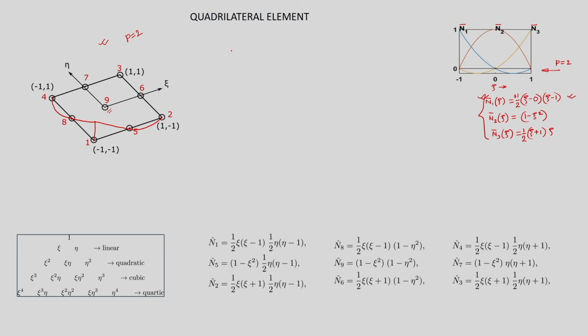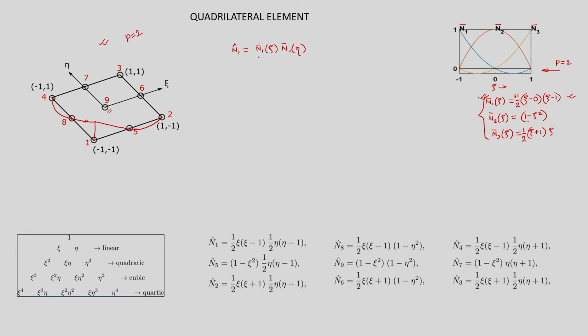Alright. So, if I write n1 hat, in this case we are deriving it in the master element. So, n1 hat for the quadrilateral element we can write as a product of n1 bar in xi and n1 bar in eta, because this part varies in the eta direction, that is same as the first shape function, replacing xi as eta.